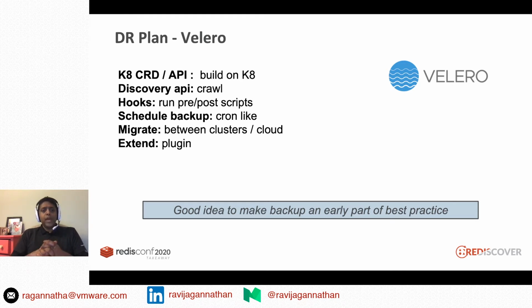It has pre and post hooks to help you run custom scripts before or after you back up. These are very handy, since some databases need a little time to be more thread safe and collect the data and data sets, and then you can back those data sets up. Velero also has a cron-like interface on the command line.